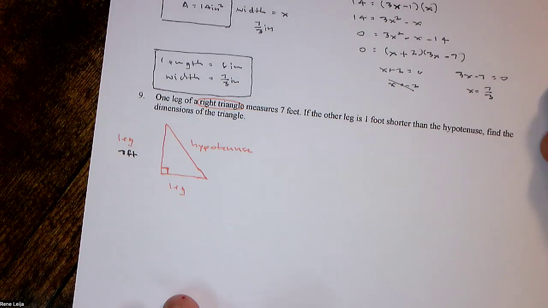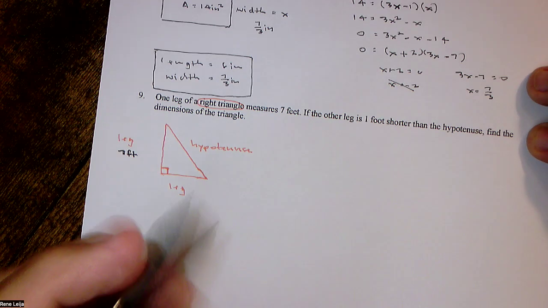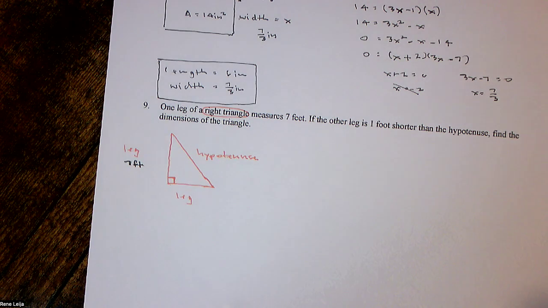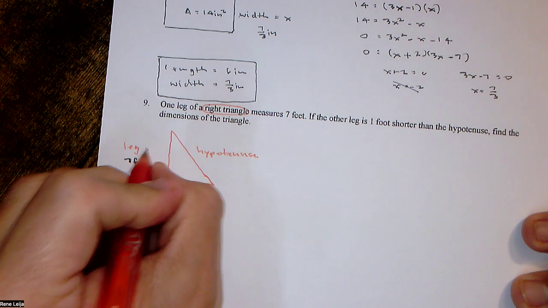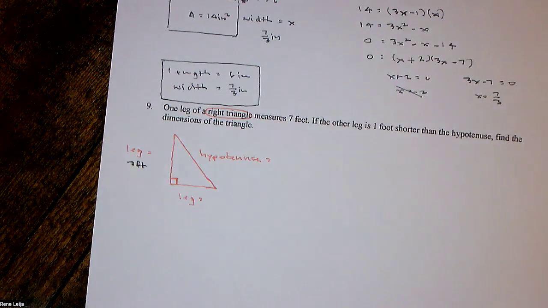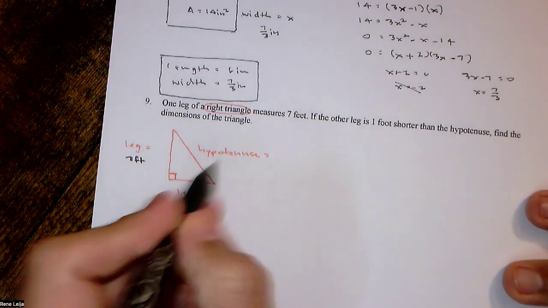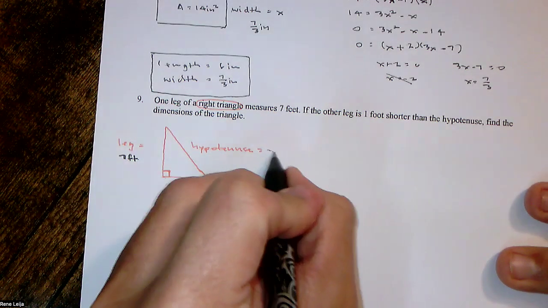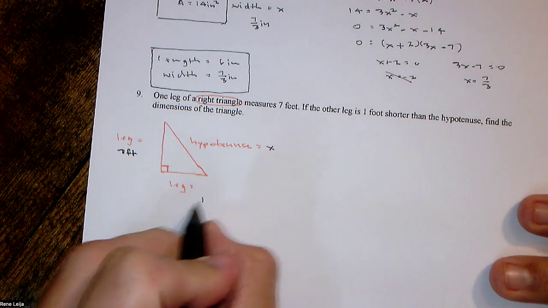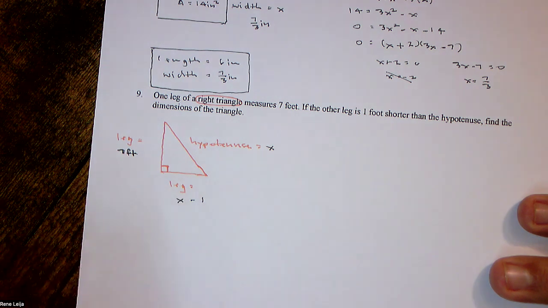It says the other leg is 1 foot shorter than the hypotenuse. Well, to know this leg, I have to know what the hypotenuse is. So the hypotenuse is going to be x. This one is 1 shorter than the hypotenuse.